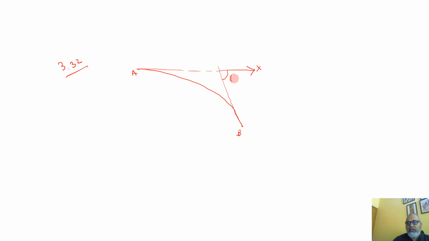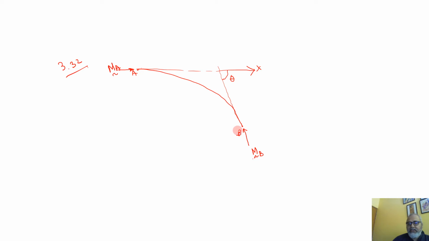So I think this angle was theta. There was a twist MA here and a twist MB that was applied here. Right.